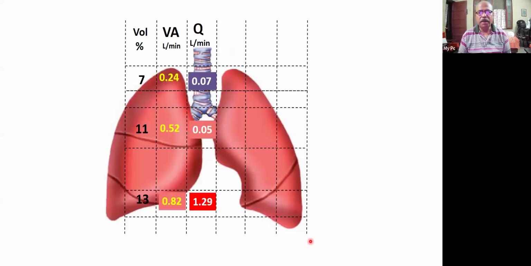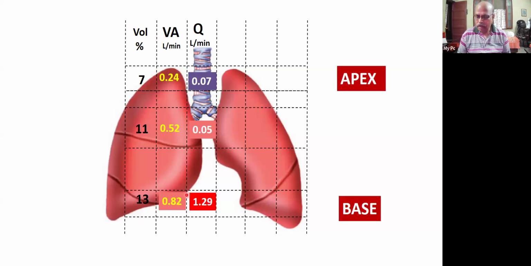Now, if you look at this picture here again, the alveolar ventilation is 0.24 at the apex, and it is about 0.82 towards the base of the lungs. So again, we will have an increase of ventilation as we go from apex towards the base of the lung, but the increase is 3 times more as compared to the perfusion, which was 10 times more.